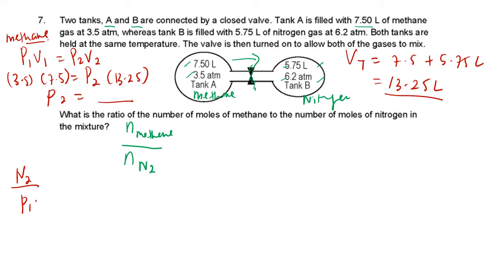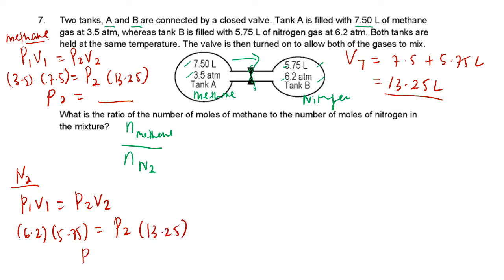So P1 V1 equals P2 V2 means that you have 5.75 liter and 6.2 atm. 6.2 times 5.75 equals P2 for nitrogen gas times its volume when the valve is turned on, which is 13.25 liter. Solve for P2.